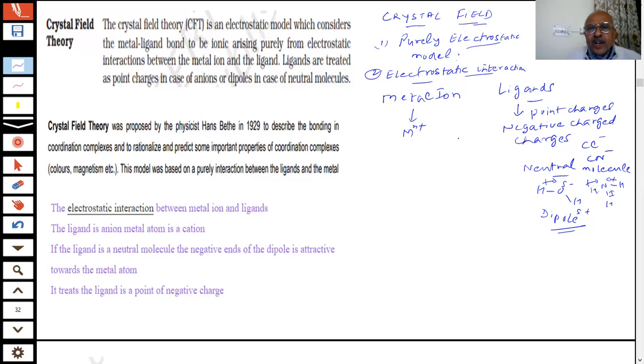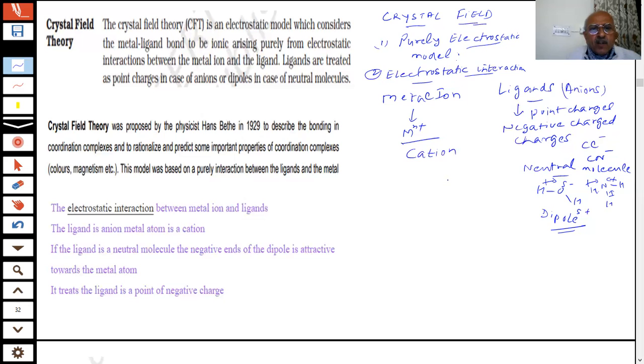So we are saying the electrostatic interaction is between the metal ion and the ligands. The ligand is an anion and the metal atom is a cation. The metal is my cation, and these ligands are my anions, so they are oppositely charged.